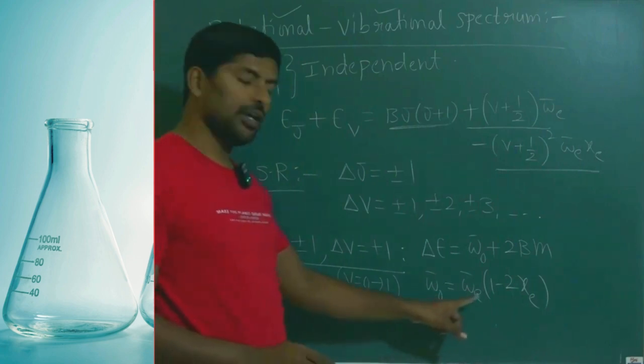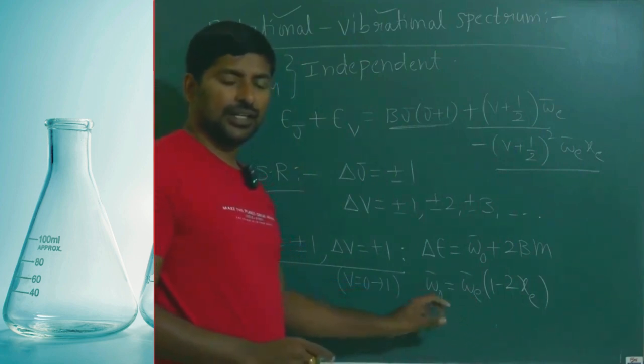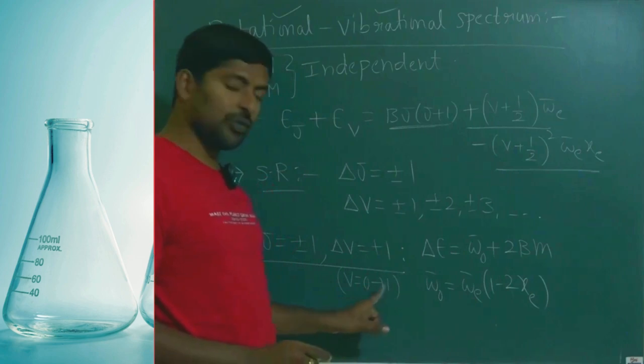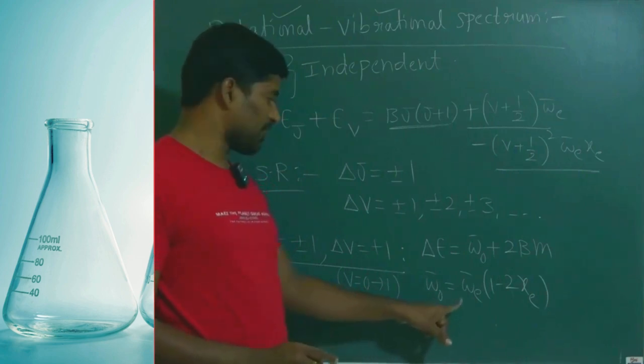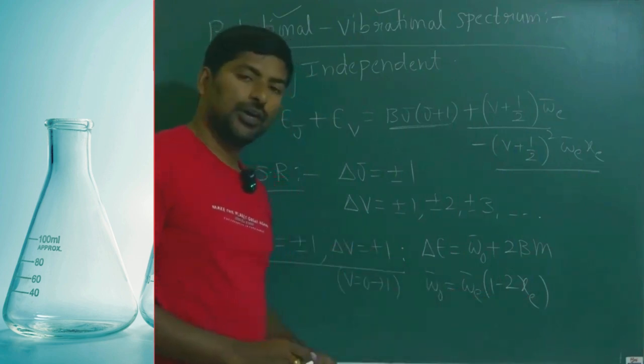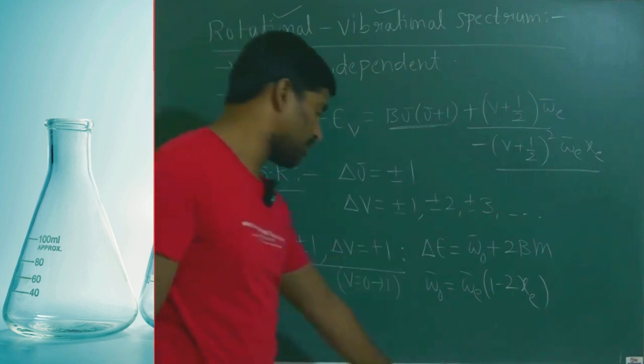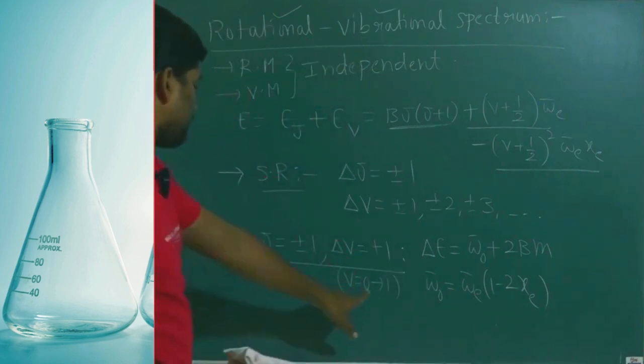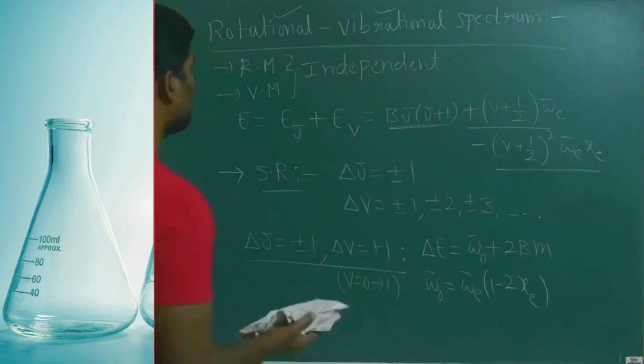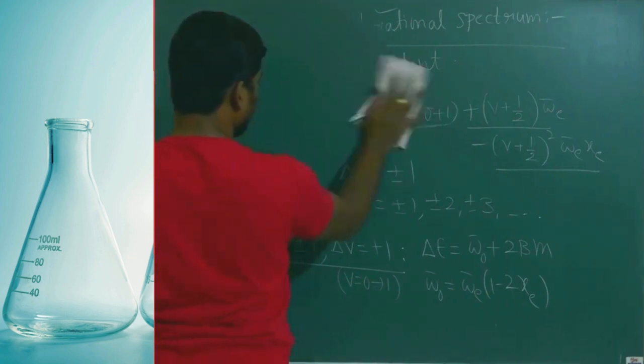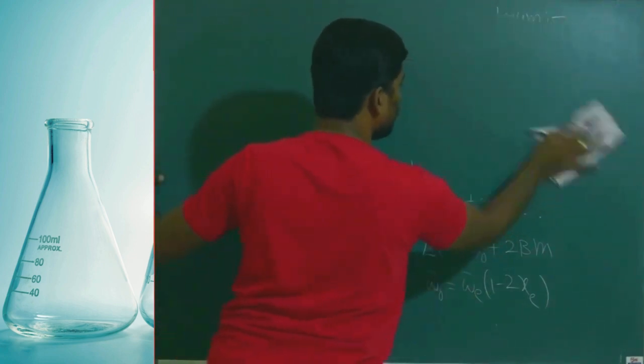That is nothing but the fundamental transition. The gap corresponding to the fundamental transition, 0 to 1: how much gap did we get? Omega bar e minus omega bar e into 1 minus 2x is what we got for the fundamental transition. So 0 to 1 means the fundamental transition, and that is omega bar naught plus 2bm.